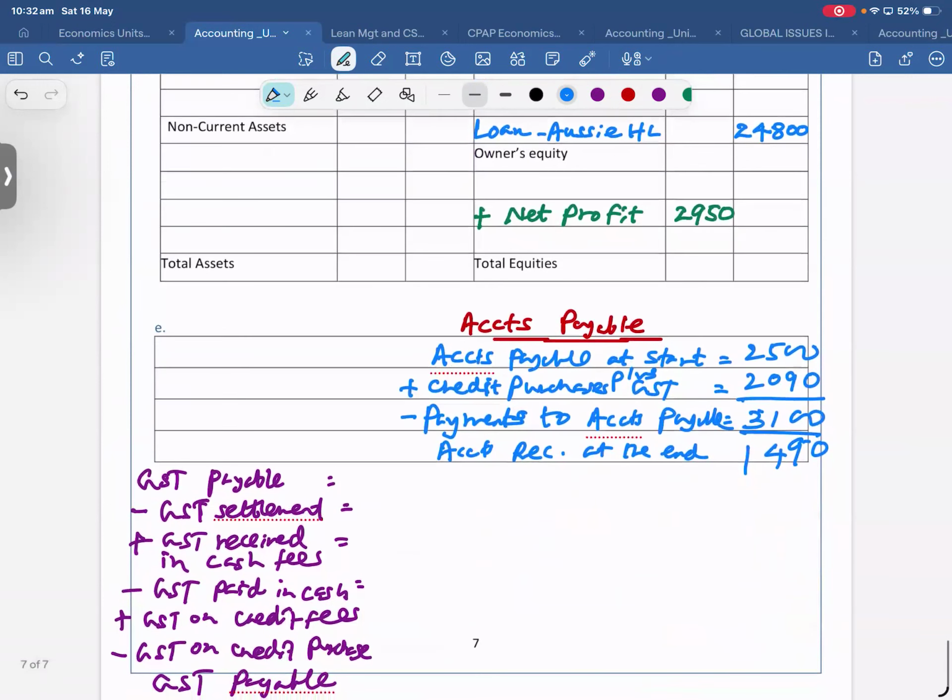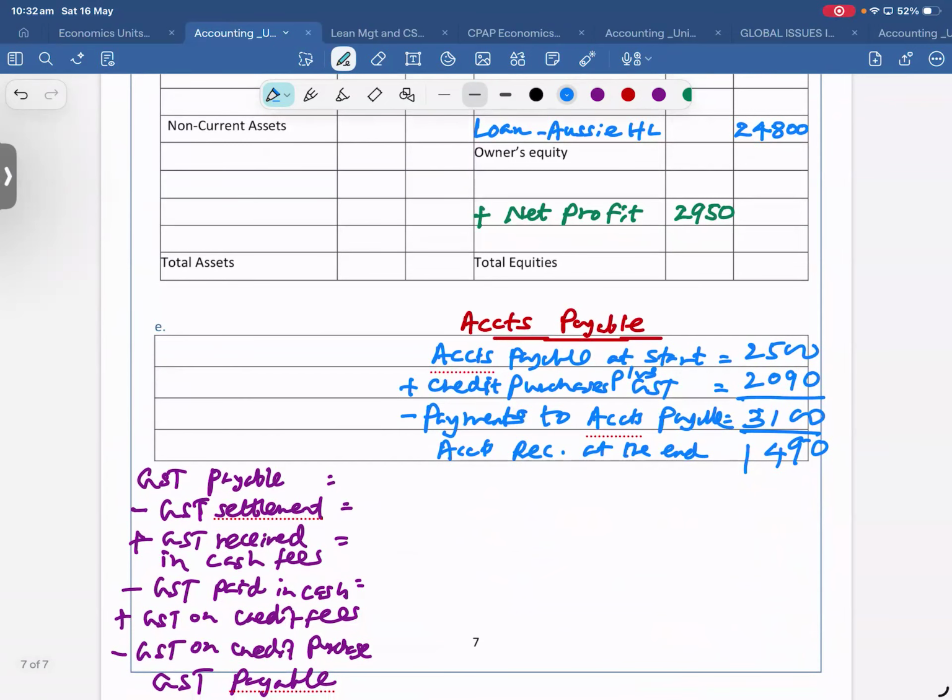Double the information of this is we have to calculate the GST. Right? Before we do GST, I will give you a note.